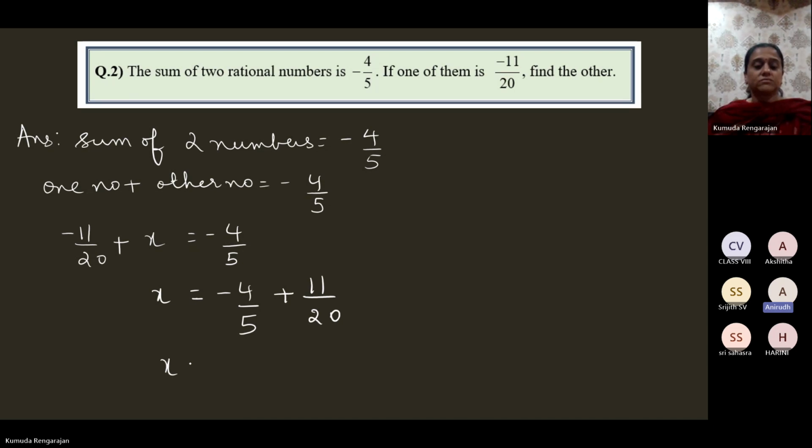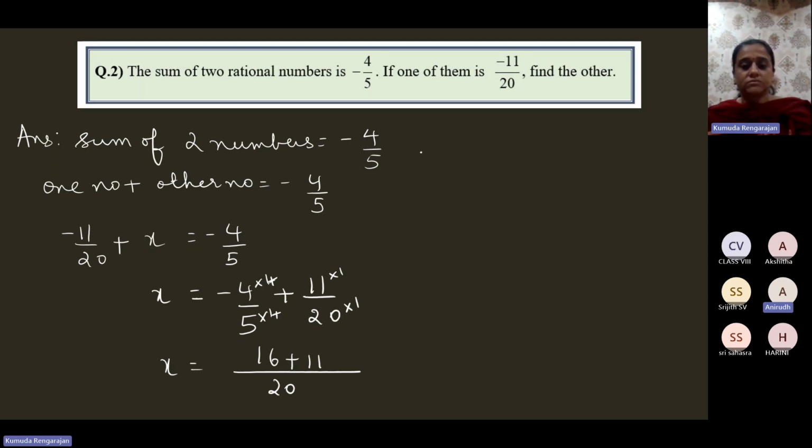The LCM is 20. Minus 4 into 4 is minus 16, plus 11 by 20.